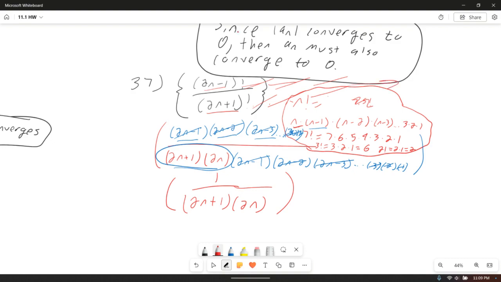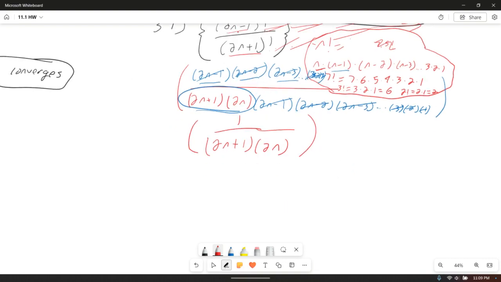All we're left with is 1 over 2n plus 1 times 2n. So we can just take the limit as n approaches infinity of 1 over 2n plus 1 times 2n, and this is pretty easy. It's just going to be 0.